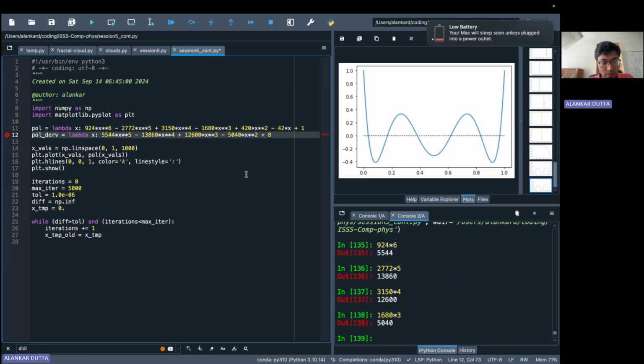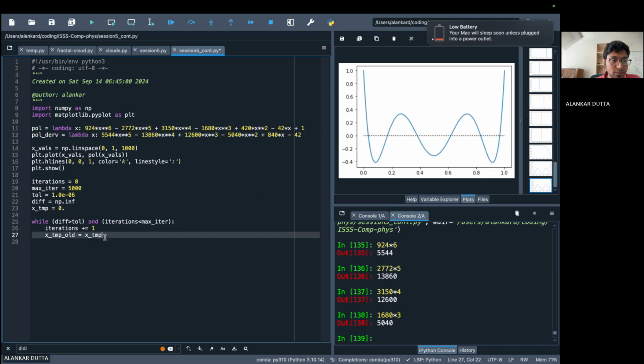So we have 840 times x, and a minus 42. And for the last one, the derivative is 0.